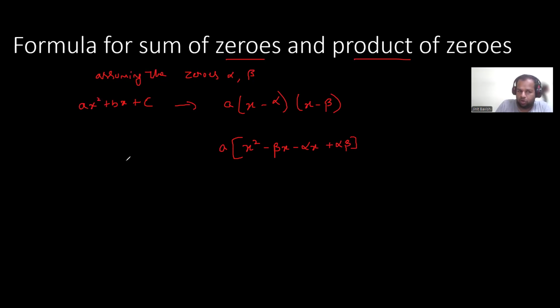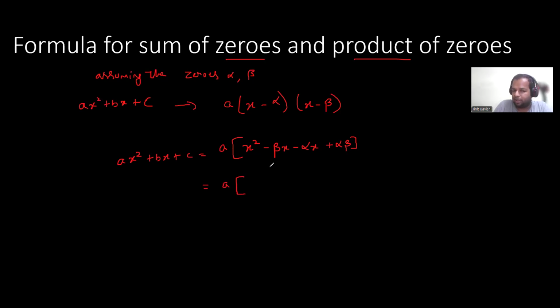So this is what your quadratic polynomial ax square plus bx plus c is becoming. If you factorize it, you get it in this form, a times x minus alpha into x minus beta. I'll simplify this further and rearrange the terms on the right hand side.